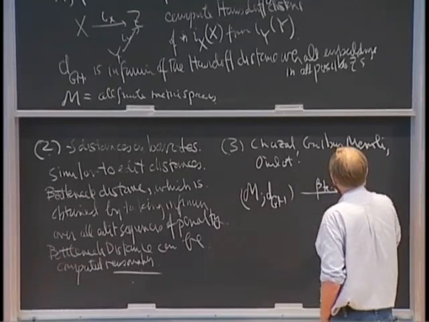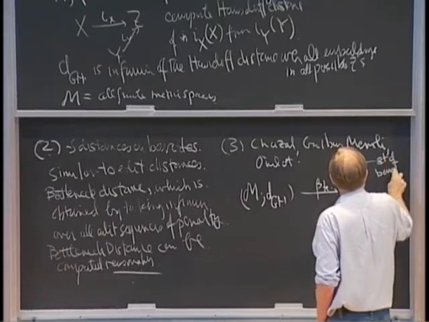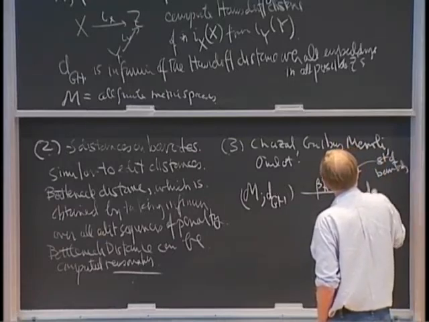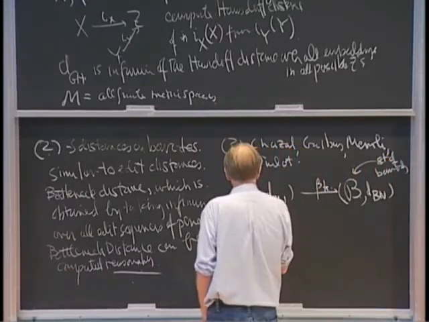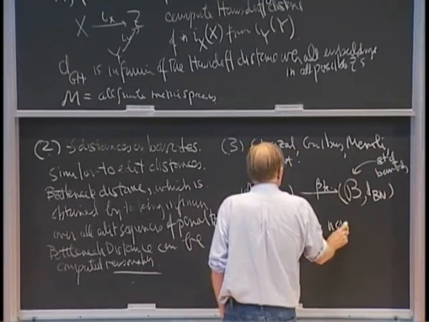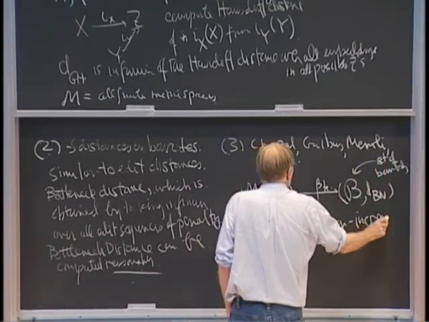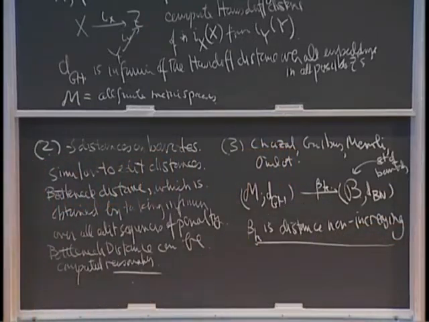So this is the set of barcodes, with the bottleneck distance. So this is a function from the set of all finite metric spaces to the set of all barcodes. And the theorem that they prove is that beta k is continuous, so it's got a sort of continuity property to it.